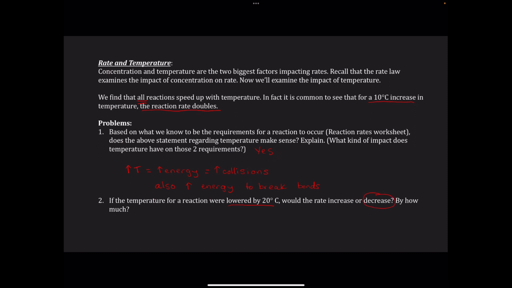It's going to slow down. Particles don't move as much, they don't collide as much, and they have less energy to break bonds. For every 10-degree change, we're going to either double or cut in half. So if we're going down 20 degrees, we're going to cut in half twice, which means we're going to be 1/4 as fast.